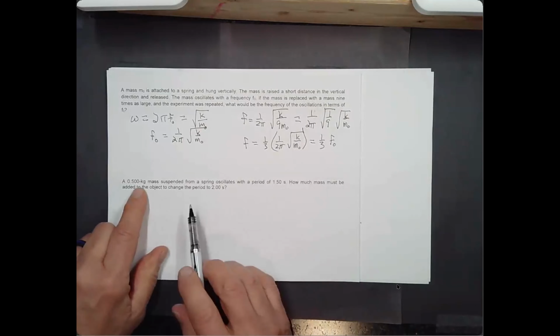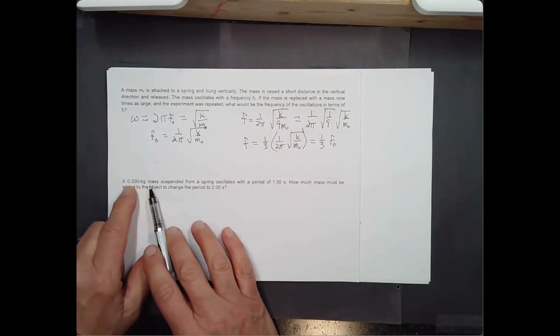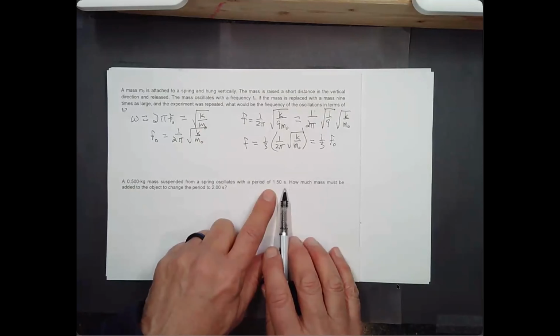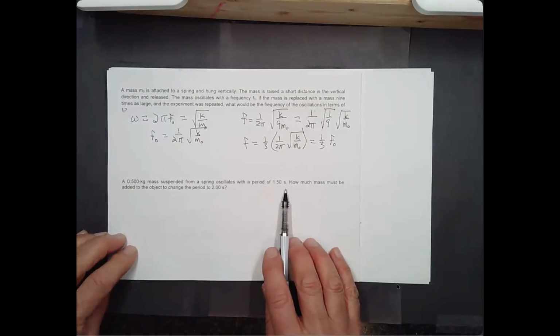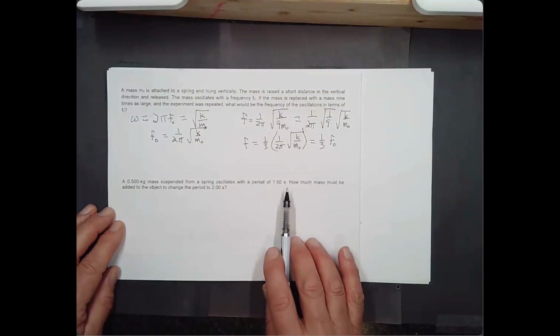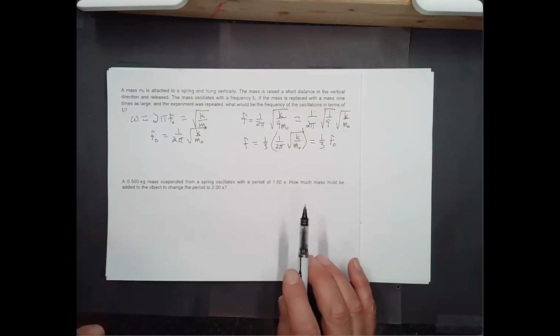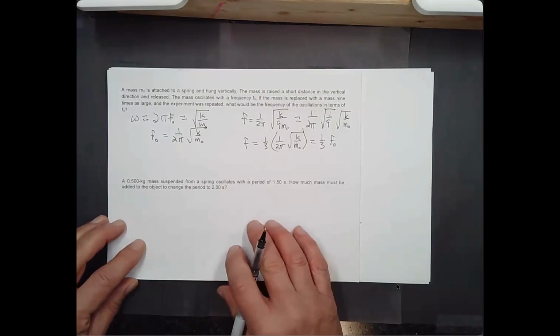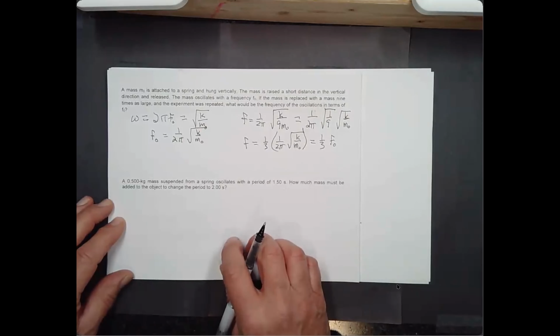In this case, we know the mass that we've got on there, and we know the period when it's just oscillating there. From that, we could figure out the spring constant of this thing. That's kind of the brute force method, and I'll do it that way. But then I'll show you maybe a little quicker way to do that.